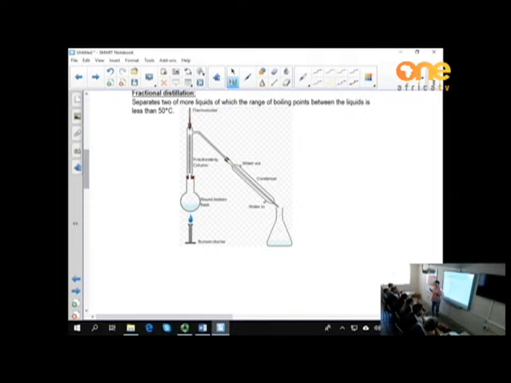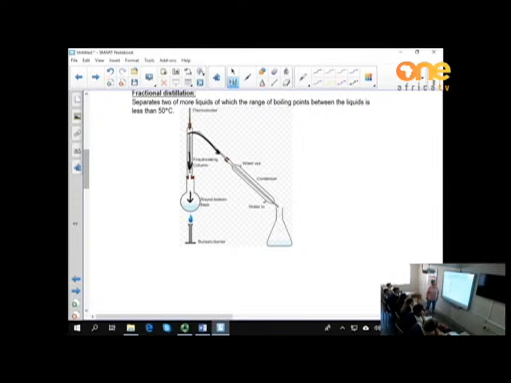But if there's a liquid, let's say 45 degrees, it's also going to rise up. But somewhere along the line, it's going to condense and drip back into the flask. And only the one that vaporizes at 40 degrees will the vapor be able to enter the tube of the Liebig condenser. The liquid will be condensed and it can be caught up.